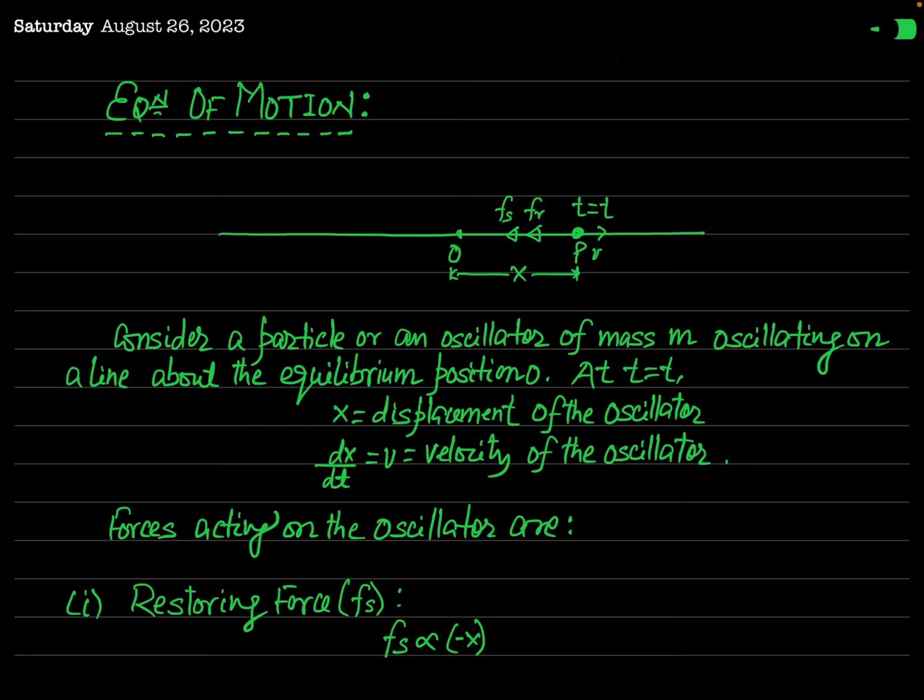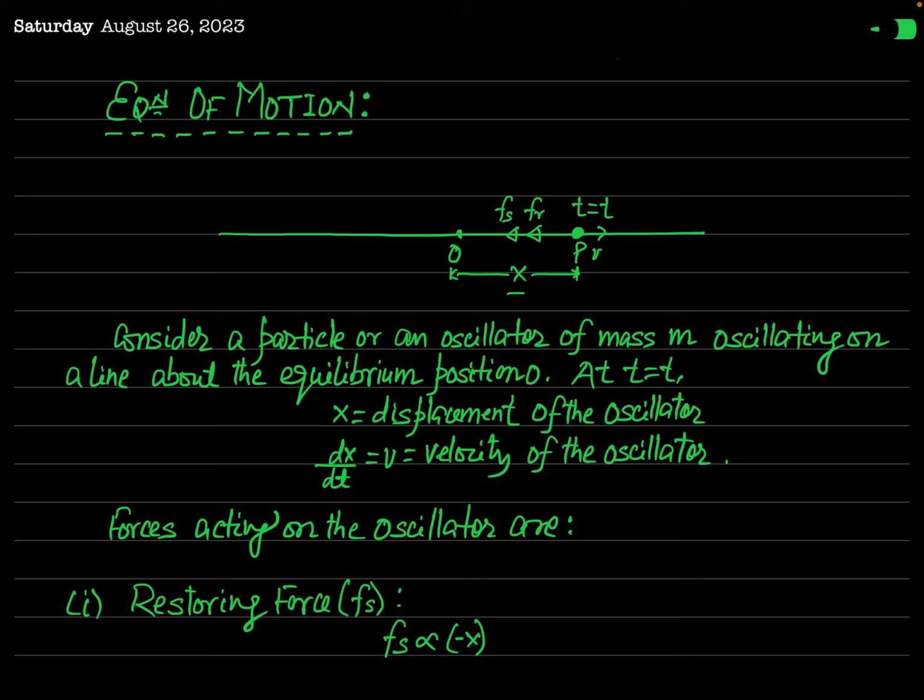O is the equilibrium position. It means the net force on this oscillator when it is at O is 0. And during this oscillation, at any time t, our oscillator is at the point P when its displacement is x, as I have shown in this figure. Now, as you have seen in the case of free oscillation, our oscillator experiences only one force, that is called restoring force.